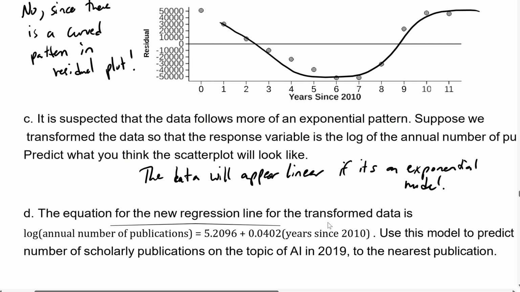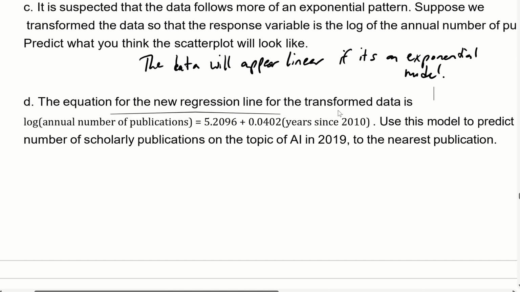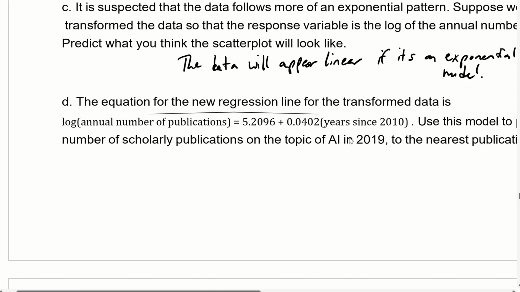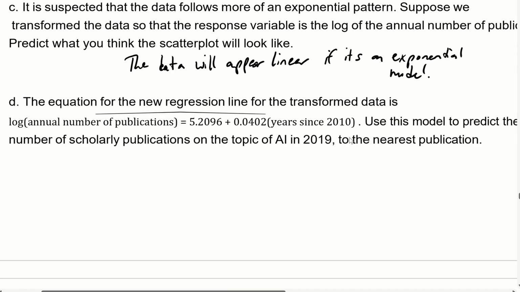Okay, so the equation of the linear regression line for the transformed data is log of annual number of publications, hat, equals all of this. Okay, so use this model to predict the annual number of scholarly publications on the topic of AI in 2019. All right, so X is 2019 minus 2010. So that's the number of years since 2010. That's 9 years.